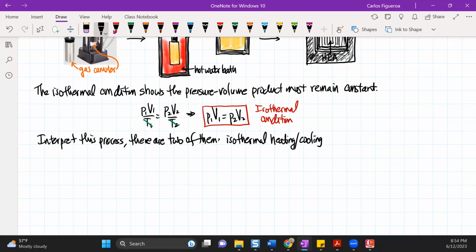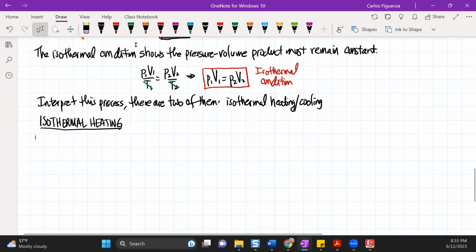So here we go. Let's start off with isothermal heating. So what happens? In this situation, we're going to decrease pressure while keeping temperature and K micro fixed.